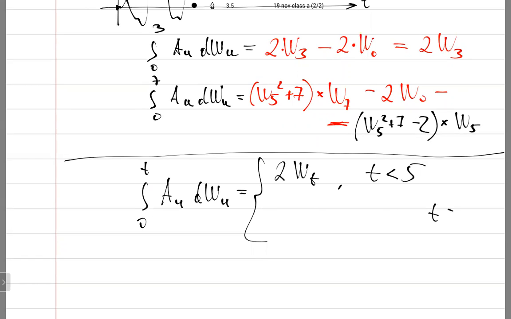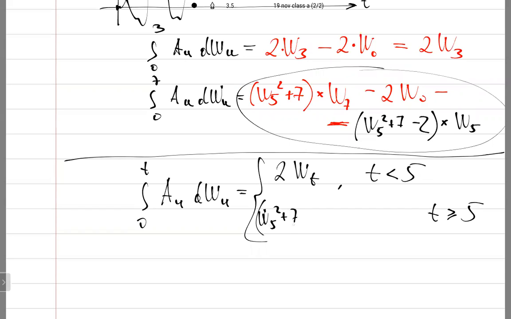And if t is greater than or equal to 5, then I will have this sum: W_5 squared plus 7 times W_t, minus W_5 squared plus 5 times W_5. Yes, so that's just the general answer for this integral for t greater than 0.